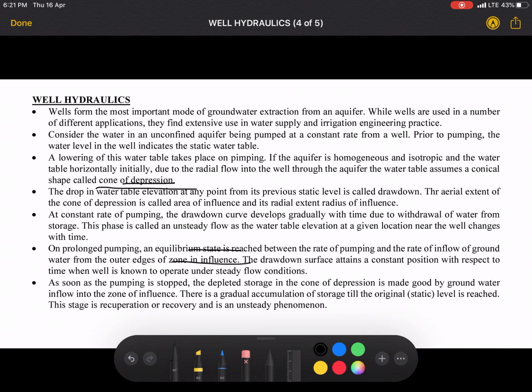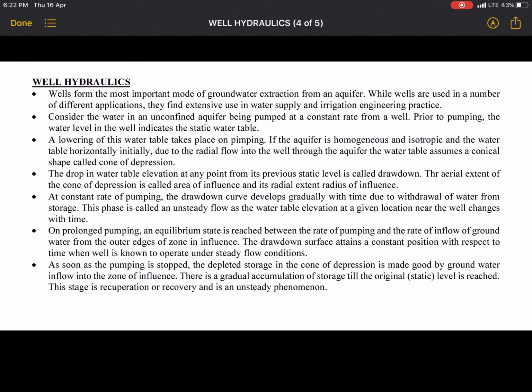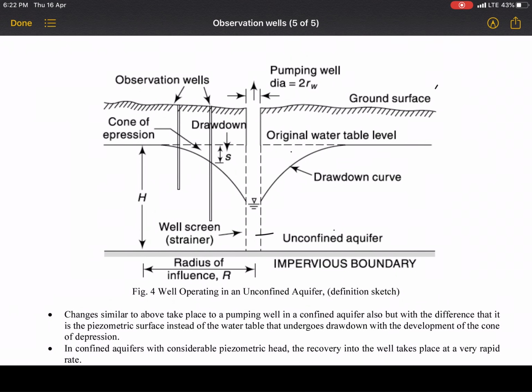So this is all about well hydraulics. This is just a basic introduction to how we are going to derive various formulas of wells, like the yield of a well, and how we calculate the rate of flow from a well depending upon the various conditions. The unconfined case will be dealt with separately, because unconfined and confined cases are not the same.